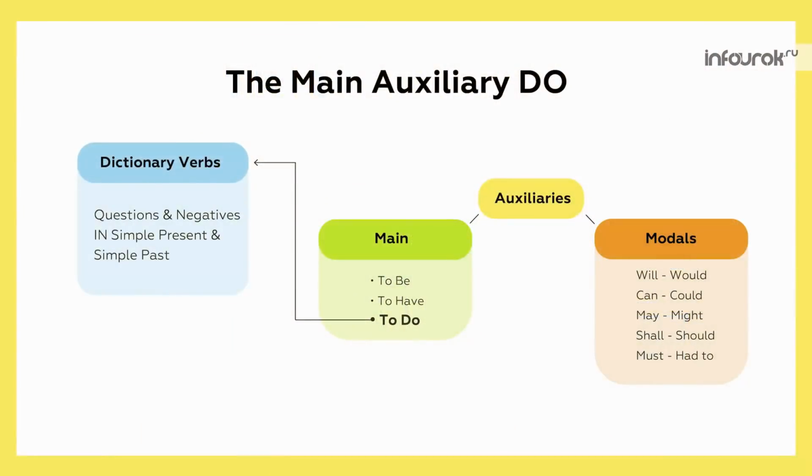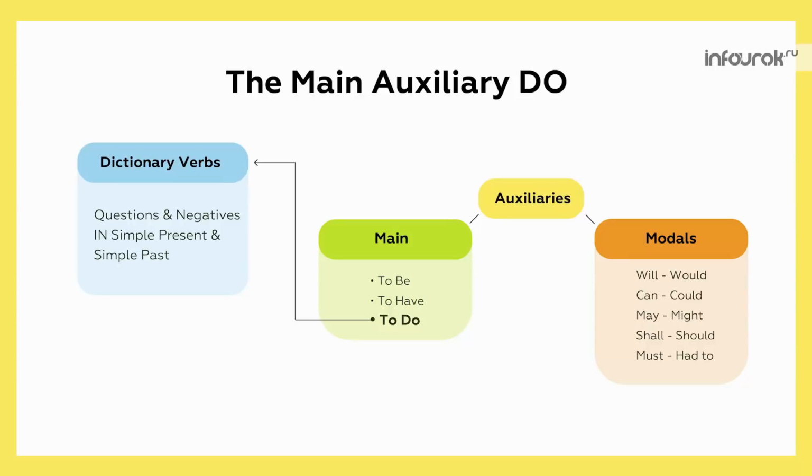It is very easy to understand how it is used. It follows the same rules as for the other auxiliaries, but it is used with the dictionary verbs. In fact, the do exists in English, as we will see, to operate exclusively with the dictionary verbs.